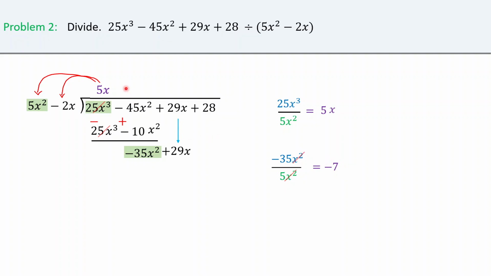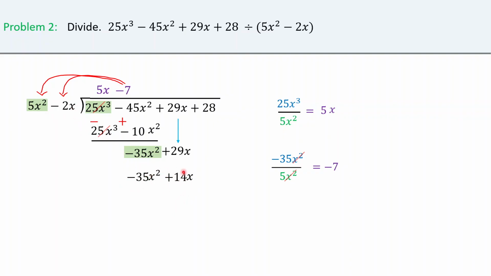Now add this here. Next multiply negative 7 and 5x squared. Negative 7 times 5 is negative 35 times x squared. Now multiply negative 7 and negative 2x. Negative 7 times negative 2 is positive 14 times x.